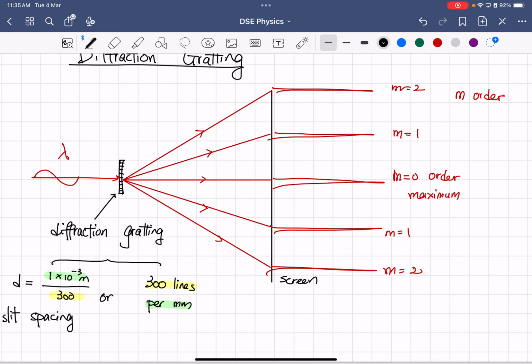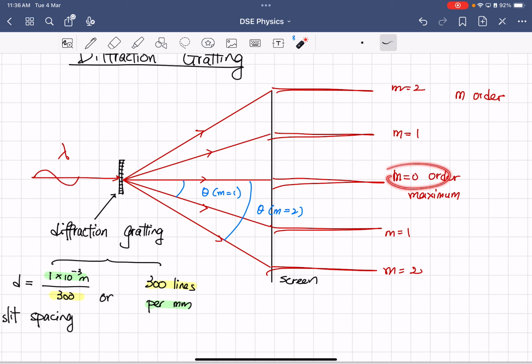And then finally is the corresponding angle. This one will be the theta for m equals 1, and this one will be the theta for m equals 2, etc. I don't know what to call it; I usually just call it the angular position. This theta will depend on which order you are referring to.